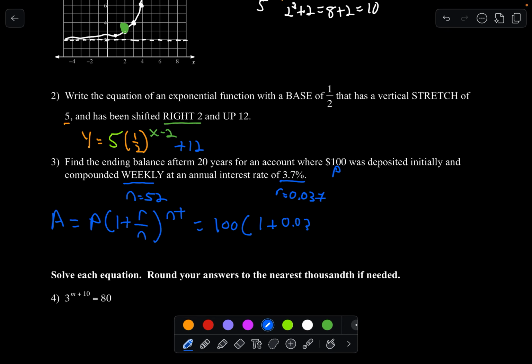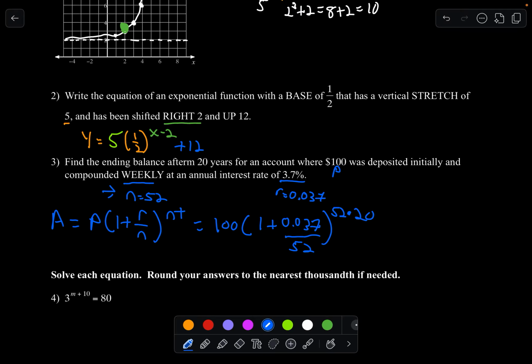I like to put a 0 in the ones place. Over N is the number of times compounded, weekly is 52, raised to the N-T power, which is 52, and remember it's for 20 years.